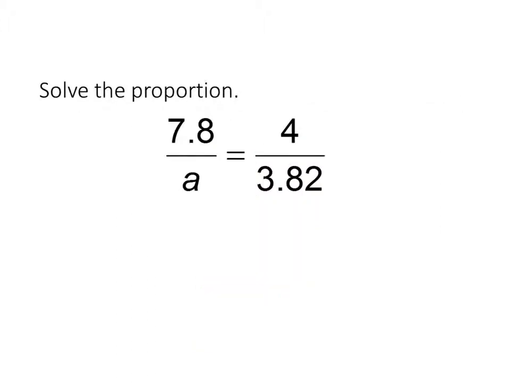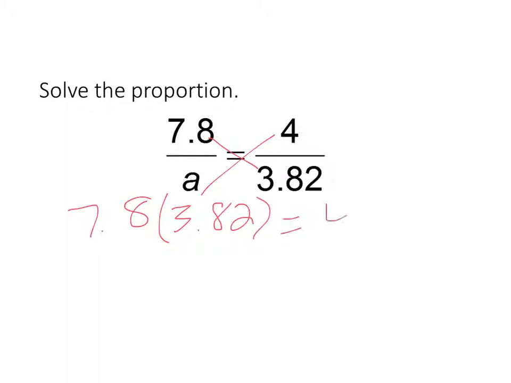All right. Then we have the question, solve the proportion. Solving proportions, all you do is cross multiply and divide. So you'd still do that cross multiplying. We're going to have 7.8 times 3.82 is equal to 4 times A. 3.82 times 7.8 is 29.796.